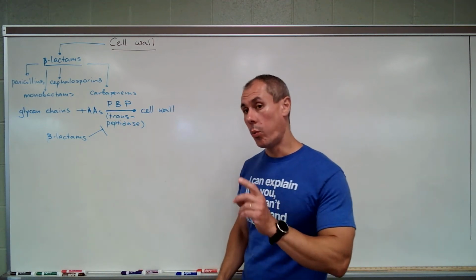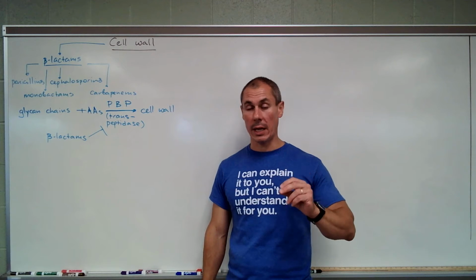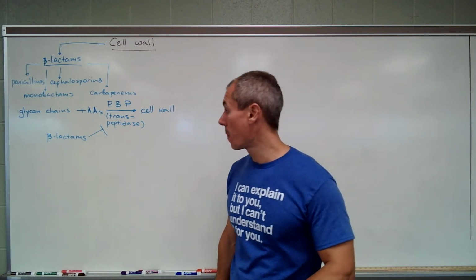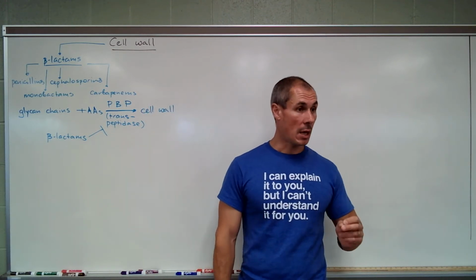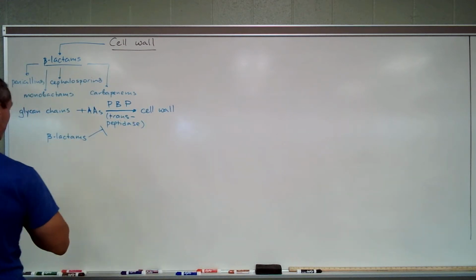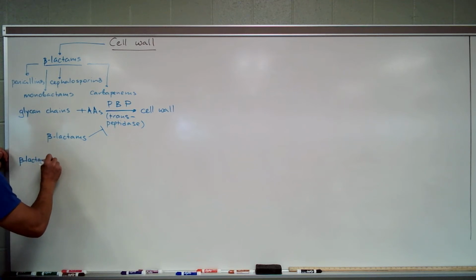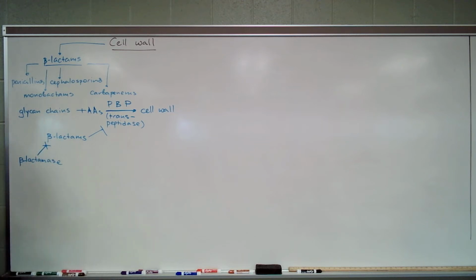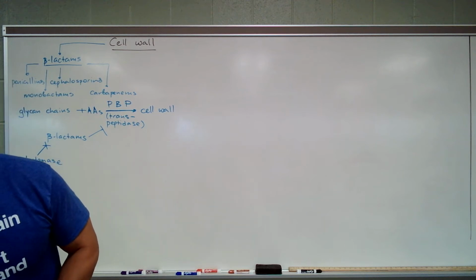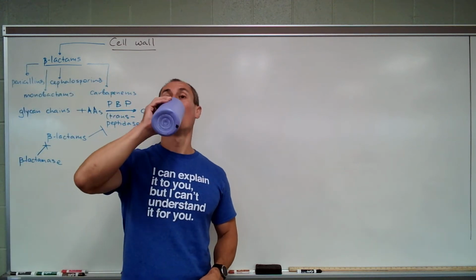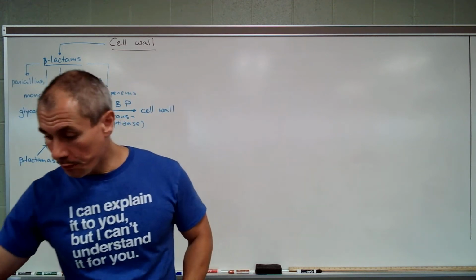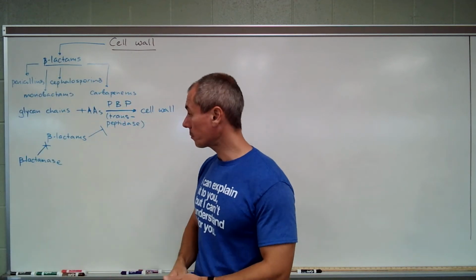Now, one interesting mechanism of resistance that I will introduce you to right now is this. Some microorganisms develop an enzyme called beta-lactamase, which destroys the beta-lactam ring. Okay? That makes sense? It chemically modifies the drug. Now follow my logic here.